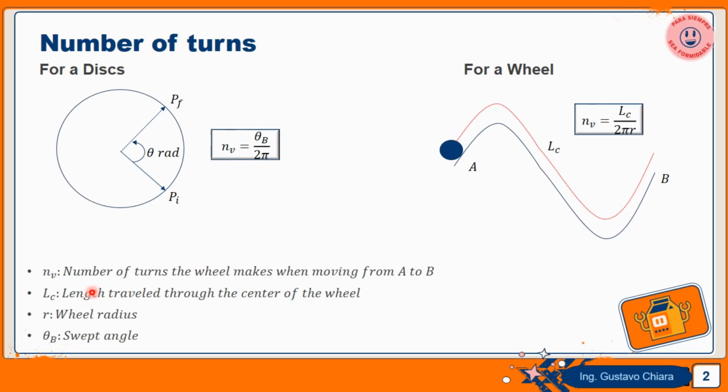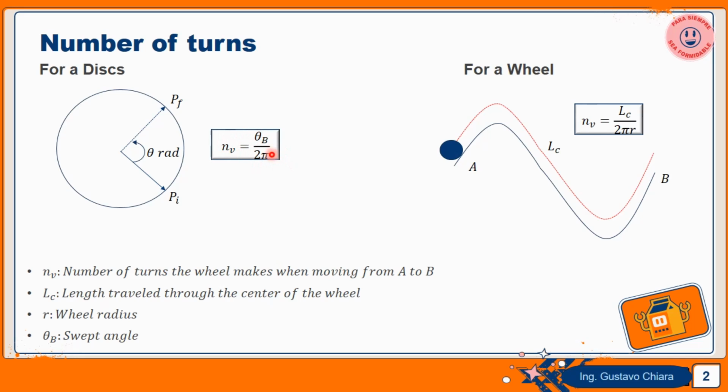So it's defined by the measure of the angle divided by 2π. This is the formula that we are going to use in order to get the solution of any problem.